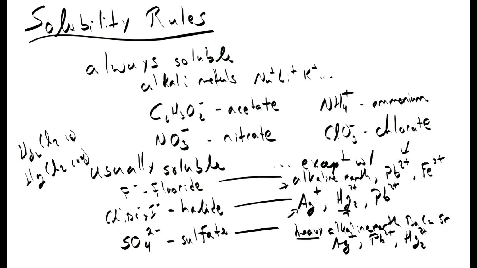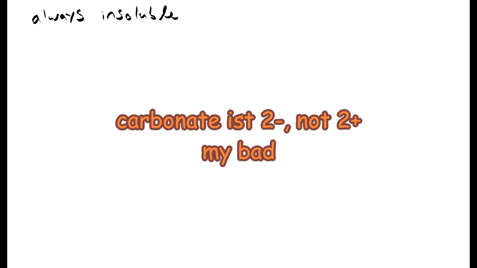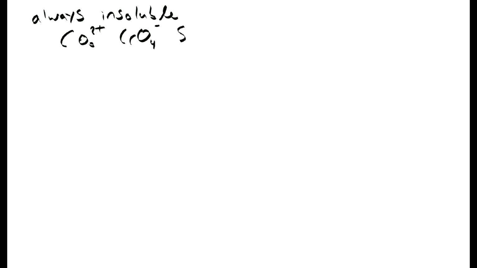Let's go on to the insoluble compounds. So always insoluble, we have carbonate, chromate, let's see, sulfide, phosphate, and then a separate group, OH minus.